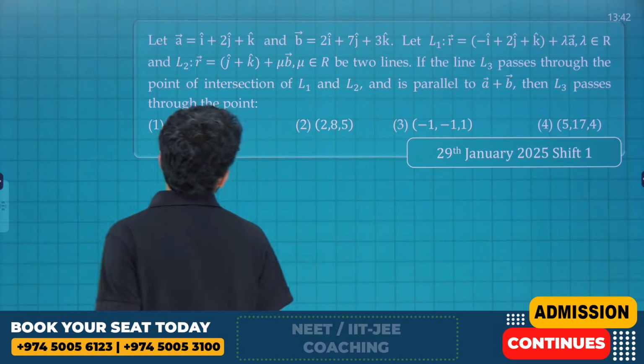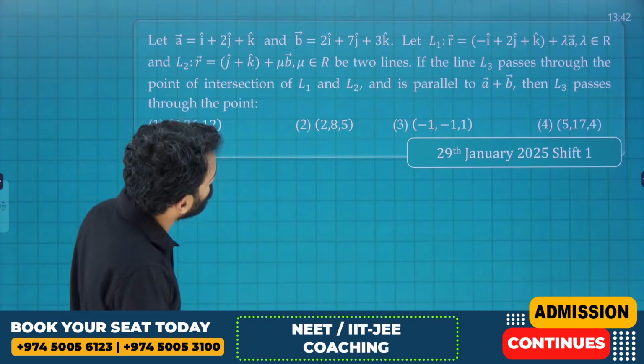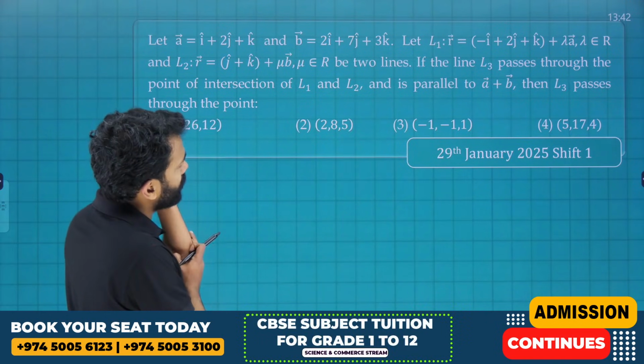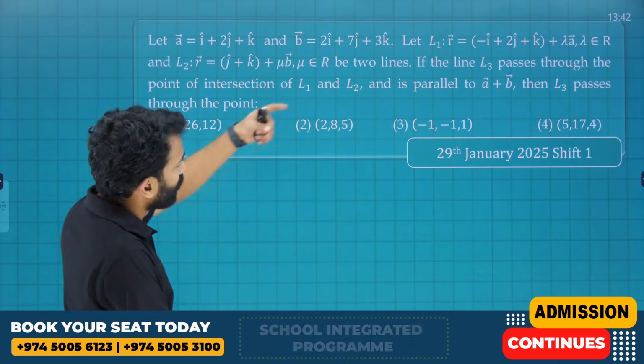Okay. Let vector A is equal to i plus 2j plus k and vector B is equal to 2i plus 7j plus 3k, and 2 lines are given, right?